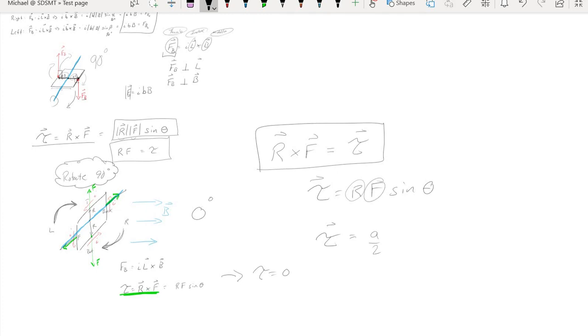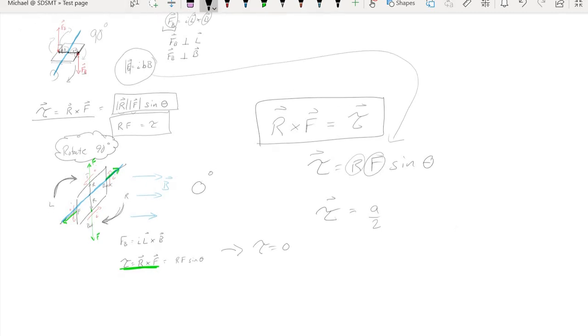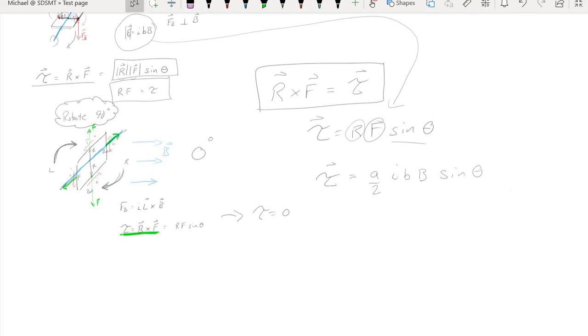I'm also going to replace the force with the magnitude that we established for force back about 20 minutes ago. We have I, little b, big B, and then we have the sine of theta.